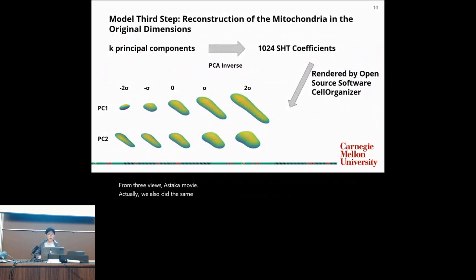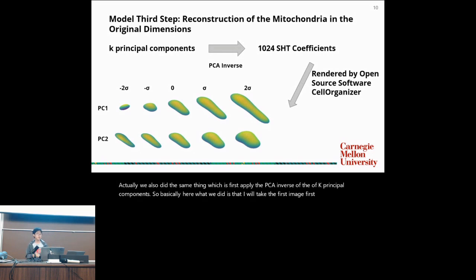We first apply the PCA inverse of K principal components. So basically here, I would take the first mesh in the first row as an example. We take principal component 1 to be -2 sigma, where sigma is the corresponding standard deviation of the first principal component.